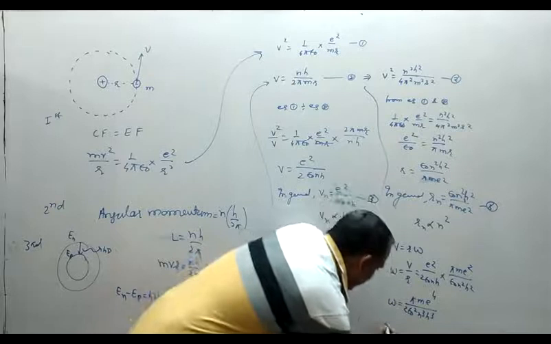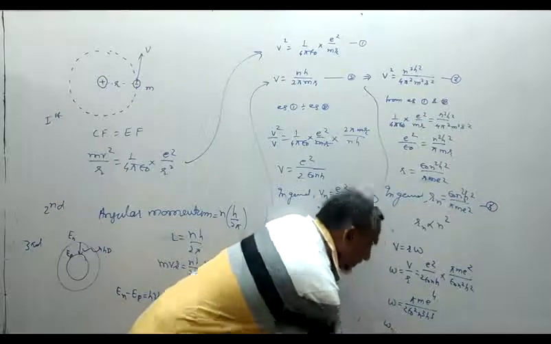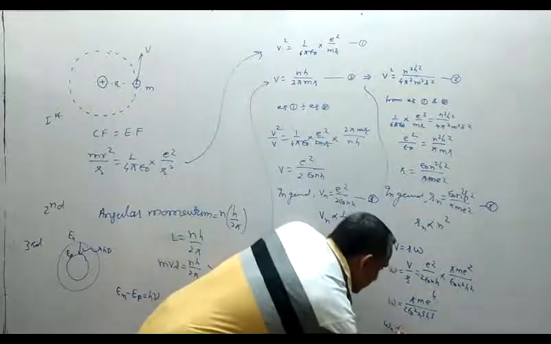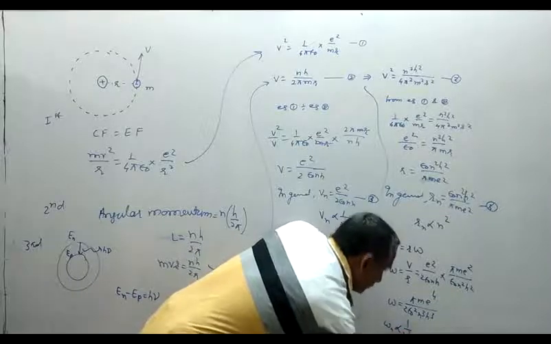Thus we can say that the angular velocity of an electron in nth Bohr's orbit is inversely proportional to n cube.